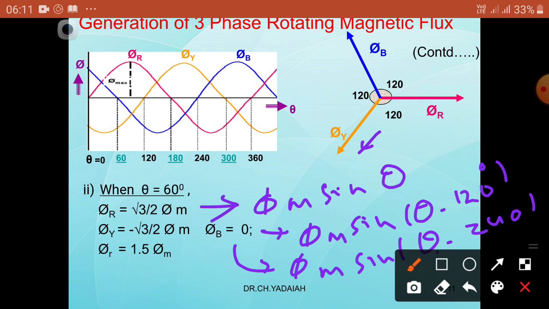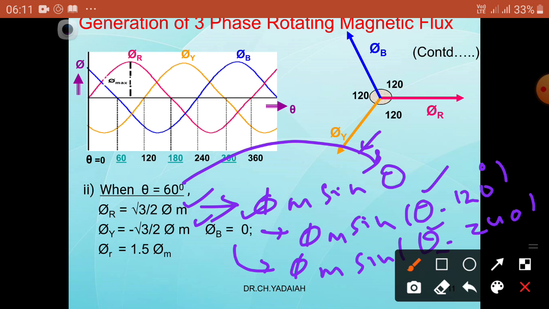Okay, this is a basic formula, sinusoidal equations for these vectors. Now what is the angle now? This is the 60 degrees we are going to apply. Here 60 degrees, here 60 degrees, here 60 degrees. By substituting these values, we are going to get this value and this value and this value. Simple substitution in these equations.